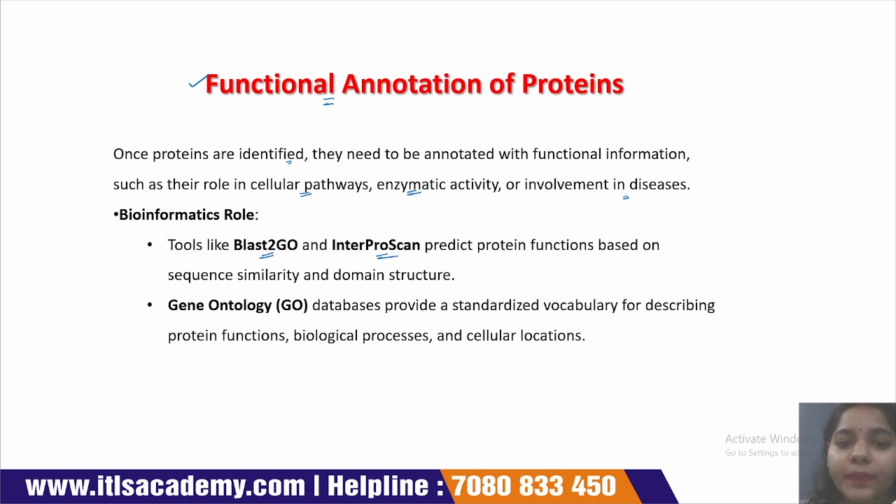InterProScan is used to predict protein function, based on sequence similarity and domain structure. These are the tools which are used to identify or annotate protein function. Next, Gene Ontology. This is a type of database which provides a standardized vocabulary for describing protein function, biological process and cellular location.